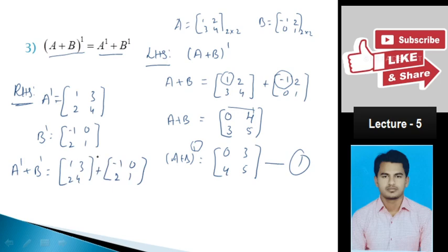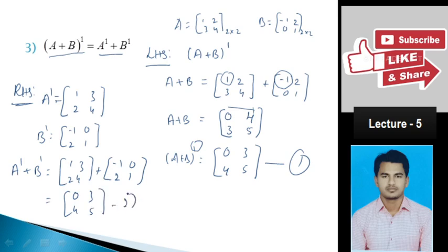Now adding these two. Be careful. These two statements differ. (A plus B) whole dash means we need to first do the sum of two matrices, later we should do the transpose of the given matrix. But here, first of all we make the transpose of A matrix and transpose of B matrix. Then we are adding. See clearly, what is the value? [0 3; 4 5].